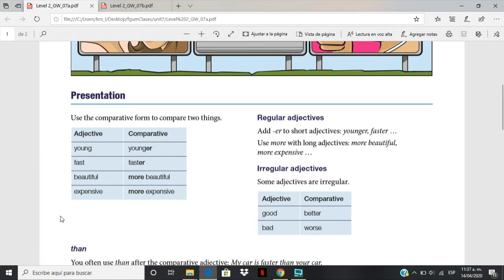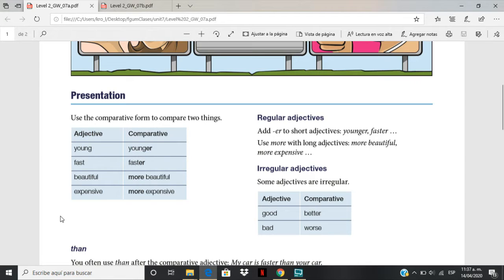And then, as in the advertisement, they are making a comparison: younger, faster, more beautiful, more expensive. So they are adding the extra. You are young, but I am younger. It's like giving a plus to the adjective.